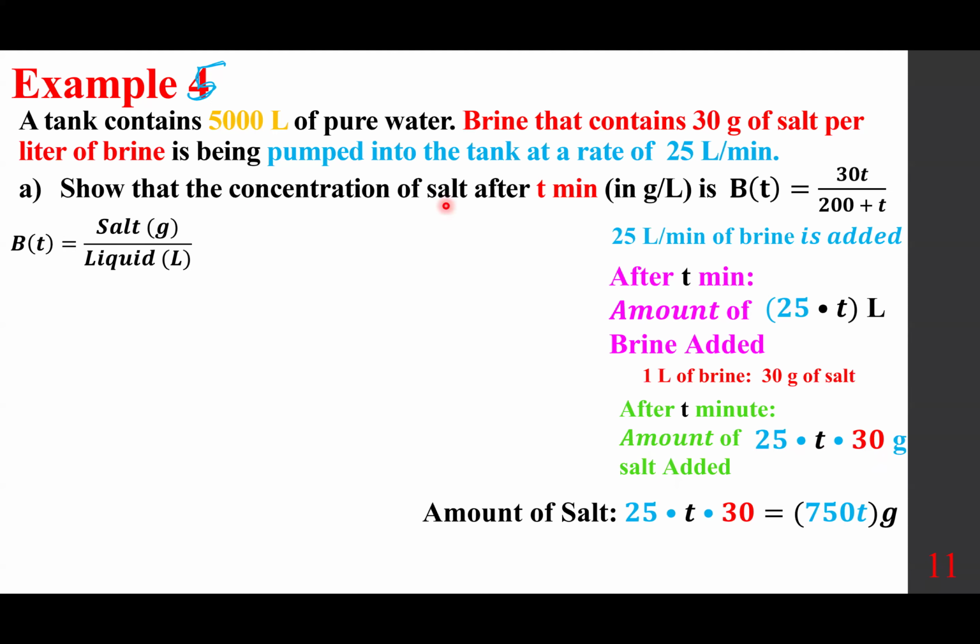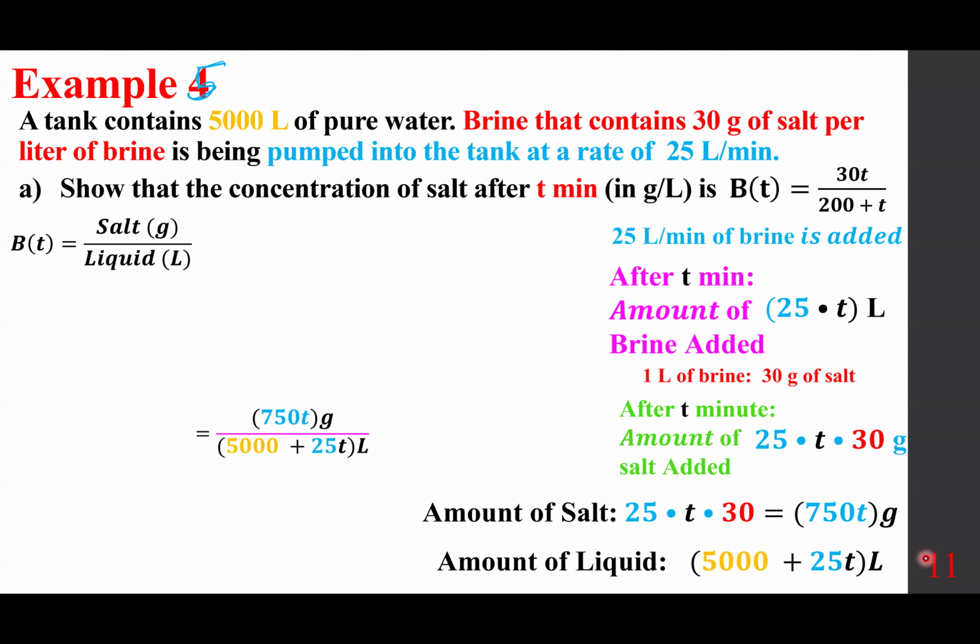We've added this much to the 5,000 liters of pure water that we already had. So this was there already. We added this much. So the numerator is 750t grams, and the denominator is 5,000 plus 25t liters.